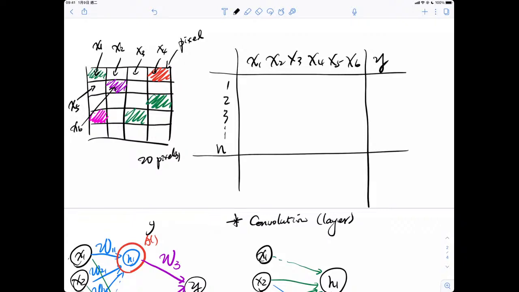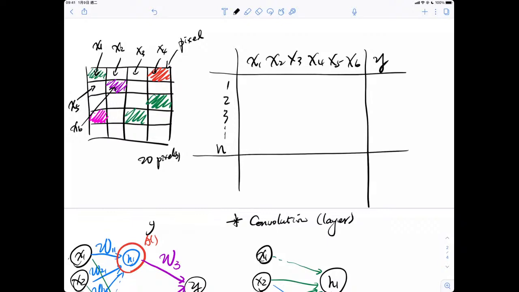Of course you can name it in a more appropriate way, for example, name x1 as x11, making it two-dimensional. For a very small picture with 20 pixels, we can use 20 features to describe this image.